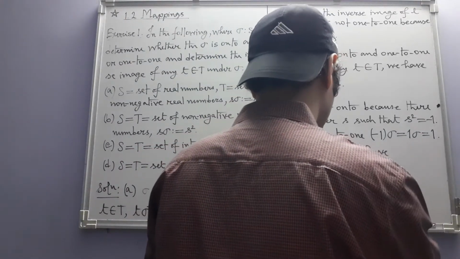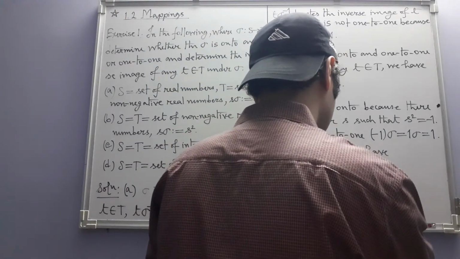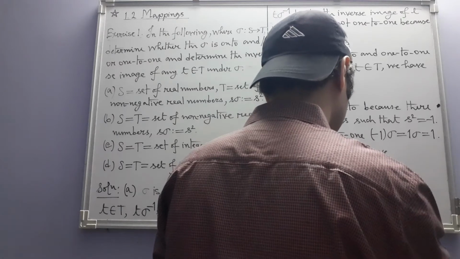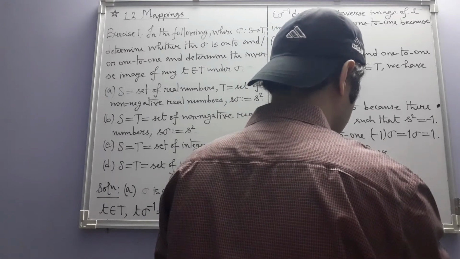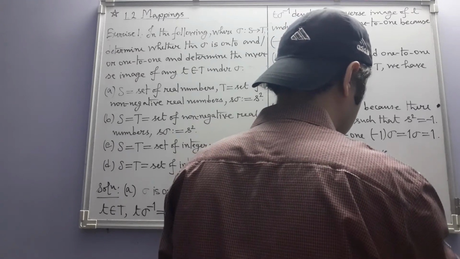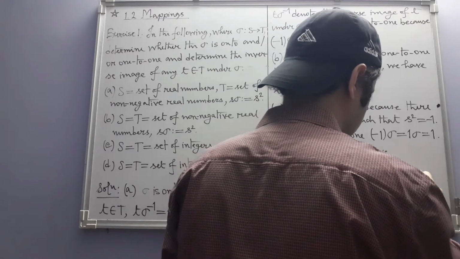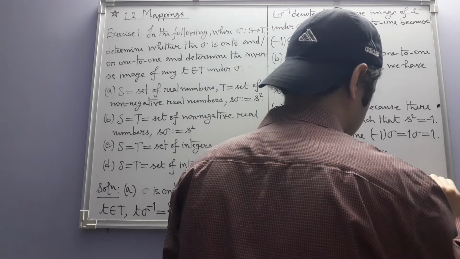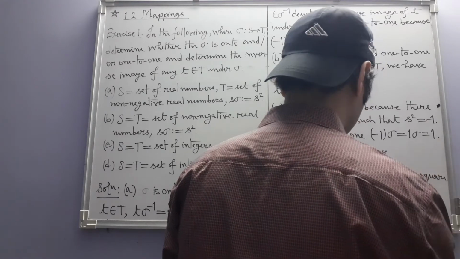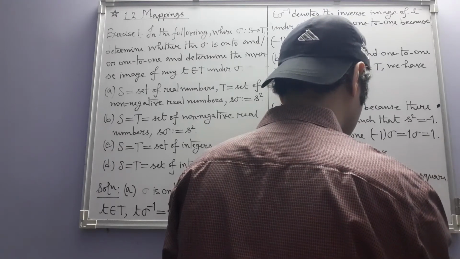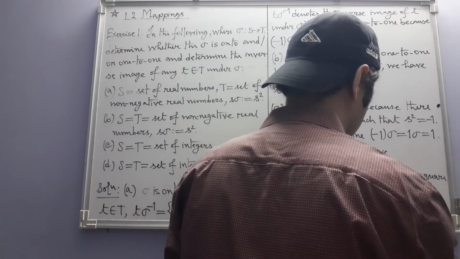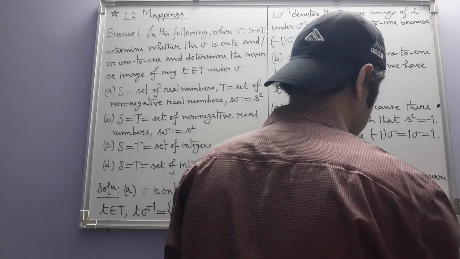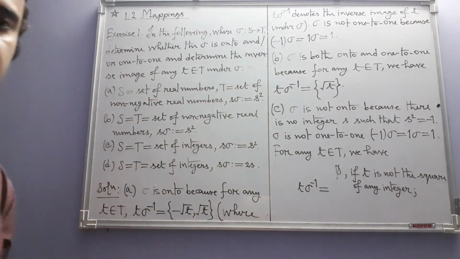So let us write that first. This set is empty if t is not the square of any integer. This is one case.